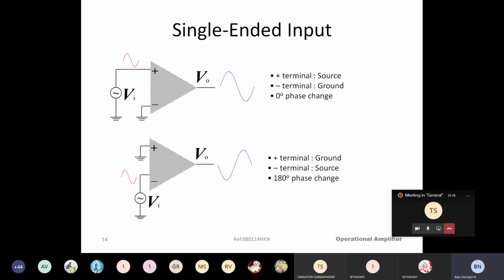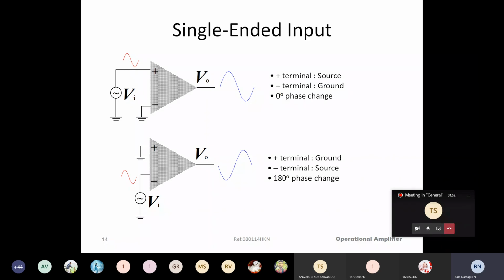But if you ground the non-inverting terminal, the positive terminal, as we have grounded here, and at the inverting terminal, the negative terminal, we give the voltage Vi, you can see the input signal is applied and the output signal is amplified, but there is a 180 degrees phase change between the input and the output.